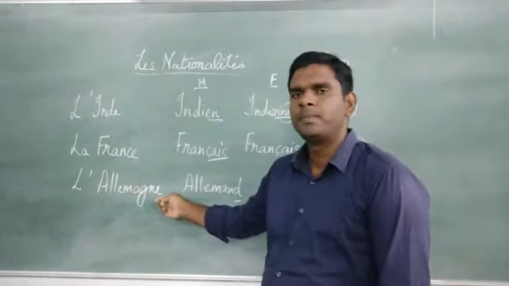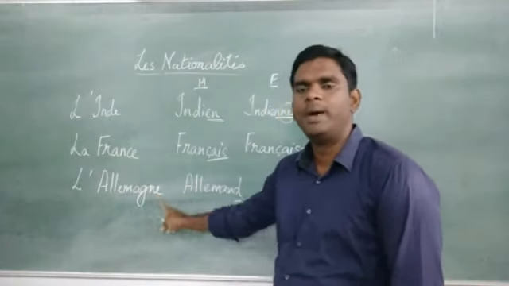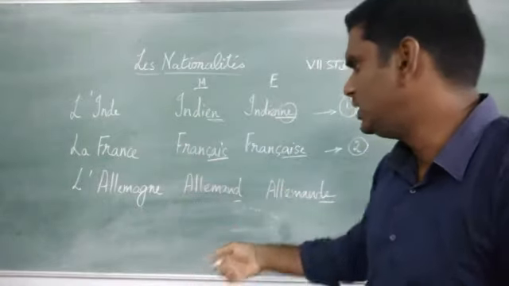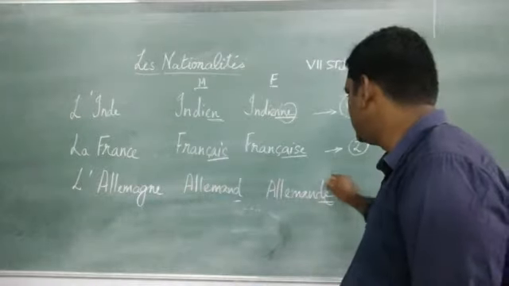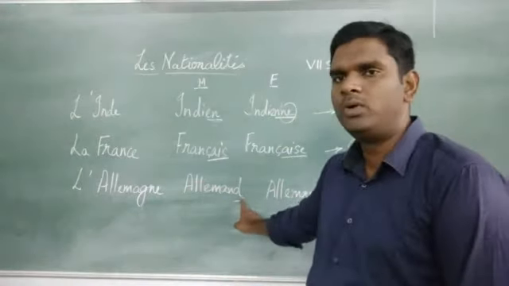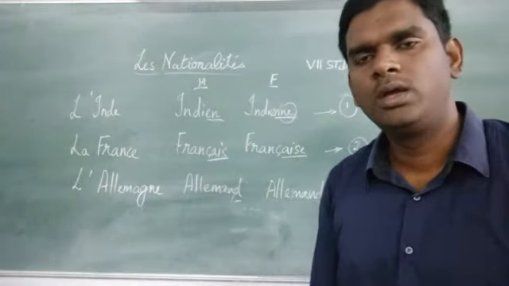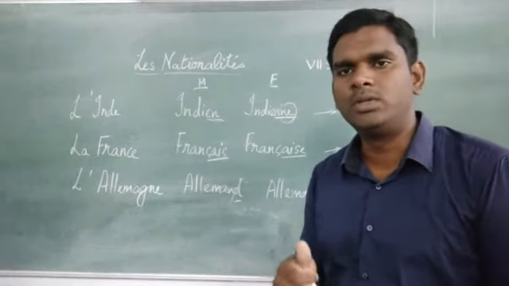Allemagne. Here the country's name is Allemagne. But when we say the nationality, it is allemand, allemande. So I am adding an E here. When I pronounce allemand, I should not pronounce the D. No need to pronounce the D. So allemand, allemande.